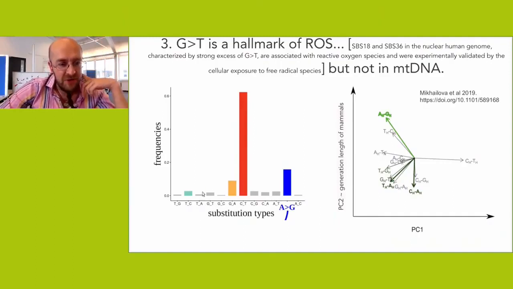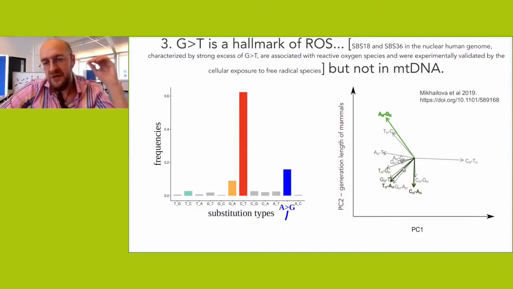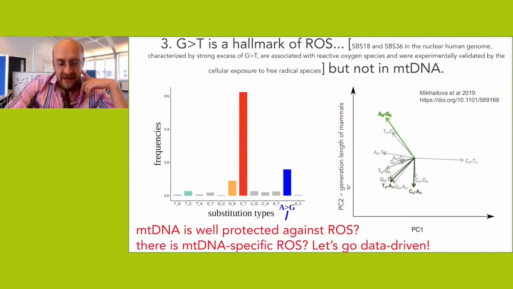So, two problems. The absolute ratio is very low. And second, this weak effect doesn't demonstrate any biologically meaningful correlations with expected life history traits, with generation length of mammals. So we can ask why we don't see this effect. Maybe mitochondria are just well protected against reactive oxygen species.